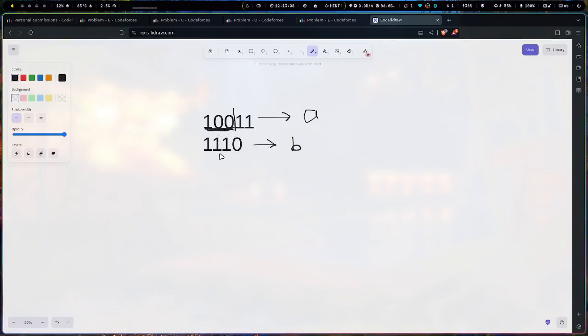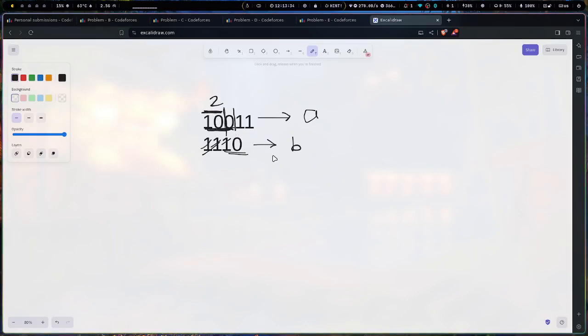You can see 100 is not present here, 10 is present. So we will take this prefix, 1 0. See, 1 0 is present here. If you delete these 2, we get 1 0. If you delete these 2, we also get 1 0. So 1 0 is present. What is the length of this 1 0? 2.